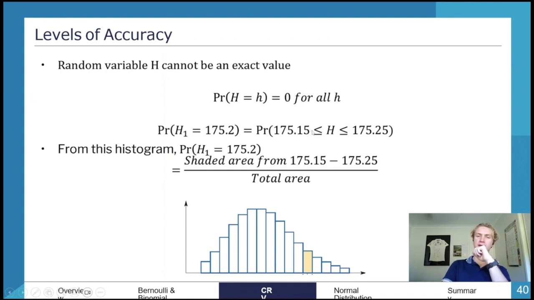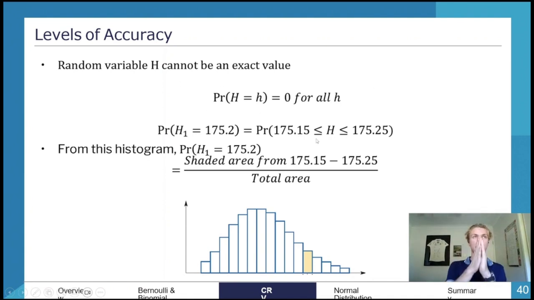We don't need less than or equal to or greater than or equal to signs here, because the probability that h equals 175.15 is just going to be 0 according to this golden rule.